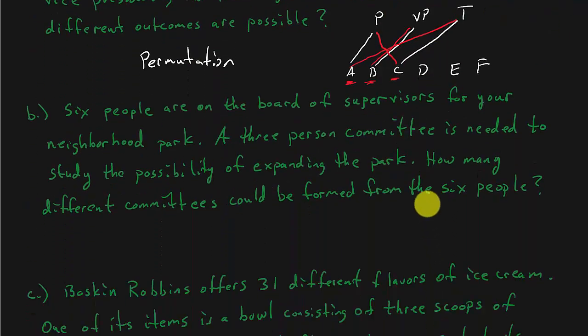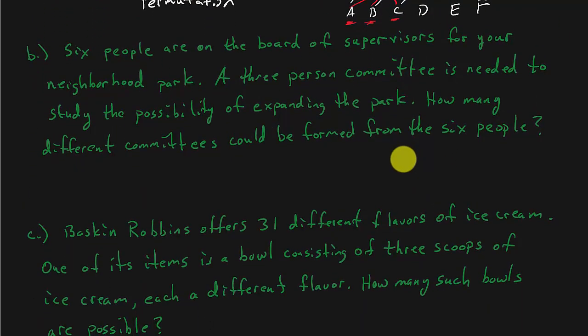All right? Now let's look at this one. 6 people are on the board of supervisors for your neighborhood park. A 3-person committee is needed to study the possibility of expanding the park. How many different committees could be formed from the 6 people?